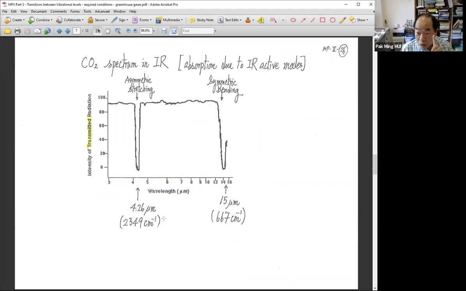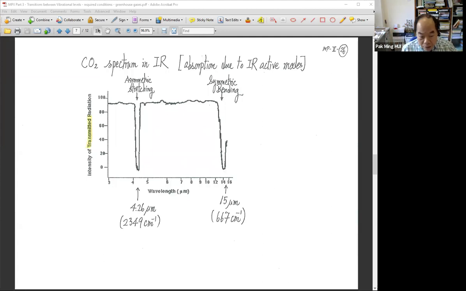Okay, now the resolution is not high. Therefore, we don't care about the rotational transition associated with this. We don't care about that. It's a rough infrared spectrum, not a high resolution one, okay?